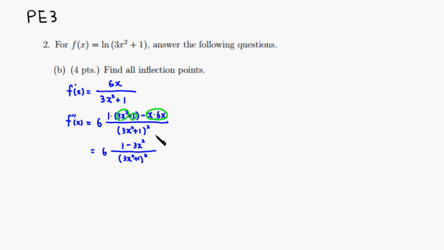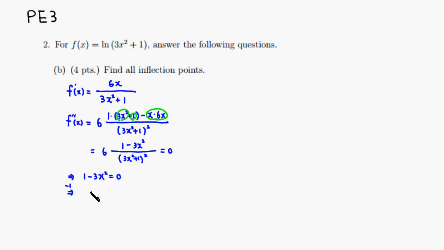Then since we're looking for inflection points, we're going to set the second derivative equal to 0. In order to make this whole thing equal to 0, we just have to worry about making the numerator equal to 0. So we have 1 minus 3x squared equal to 0.